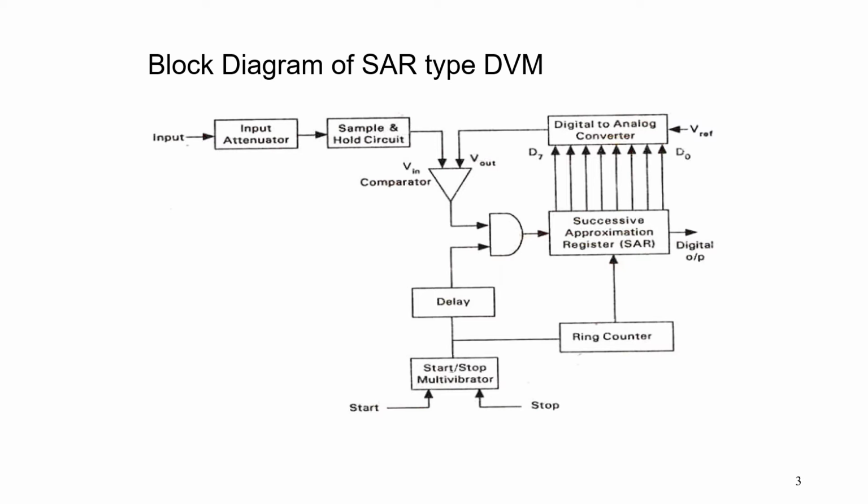The ramp type voltmeter: the operating principle of the ramp type DVM is based on the measurement of time that a linear ramp voltage takes to change from 0 volts to the level of the input voltage, or to decrease from the level of the input voltage to 0.